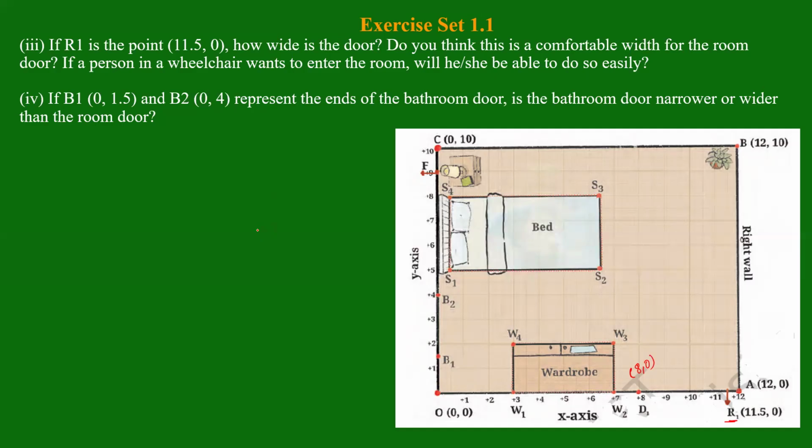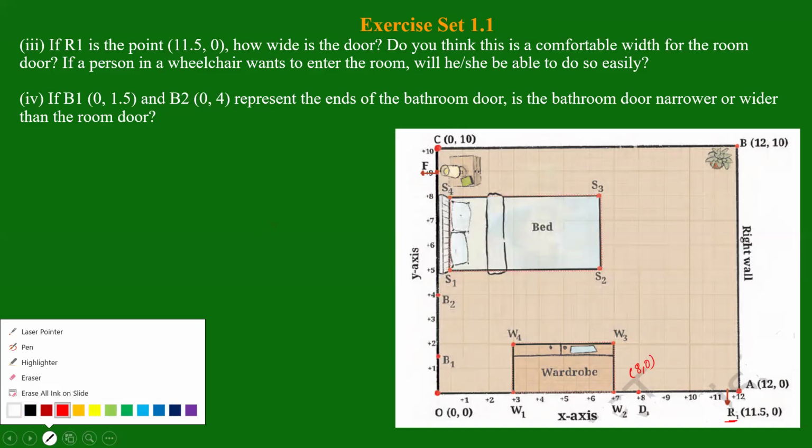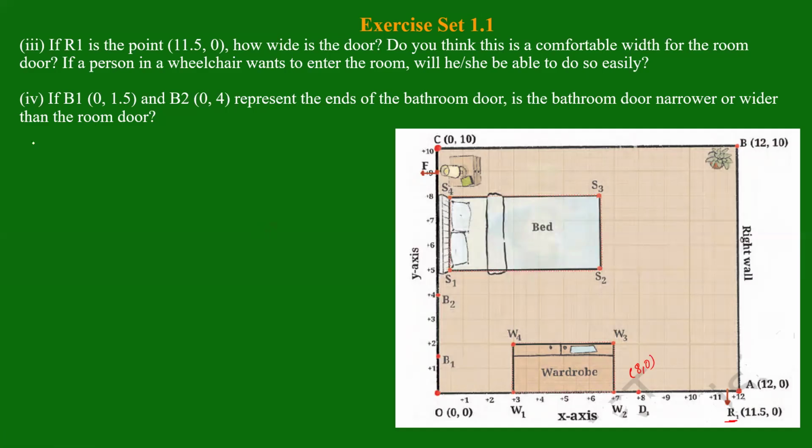easily? So first of all, you'll see coordinates are important. On the basis of coordinates, you are going to find the distance here. So, what is the coordinate of D1?